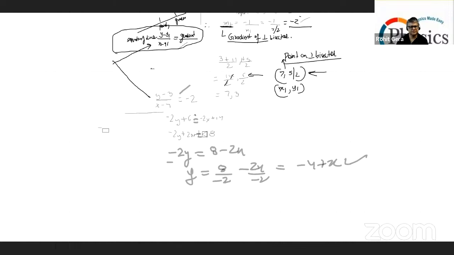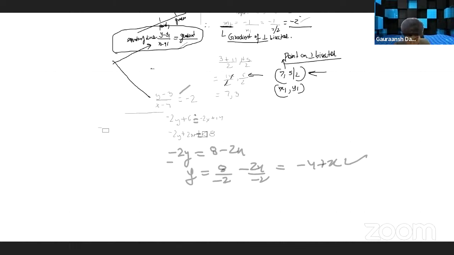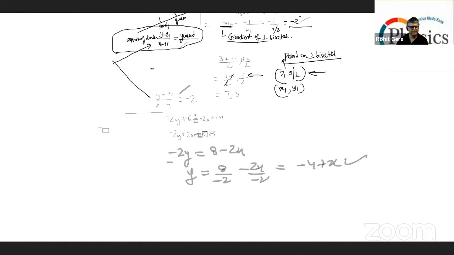Any doubts? No. ठीक है. नेक्स्ट क्वेश्चन पेस्ट करो.